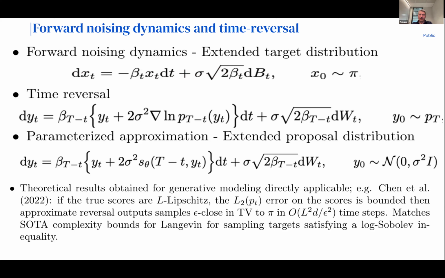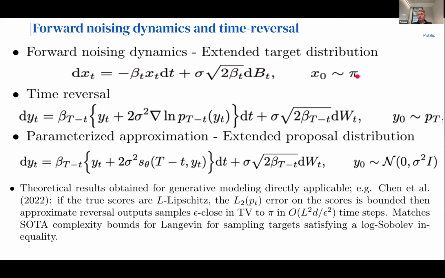Okay, so that's the extended target distribution. It's a virtual process. I cannot sample from it because sampling from this extended target distribution would require being able to sample from the target pi, which is my goal. But I can still write it. So this is my extended target distribution.